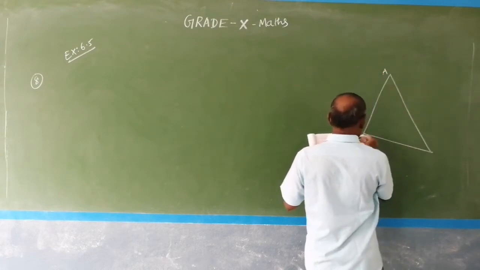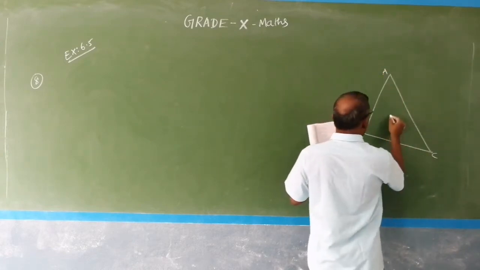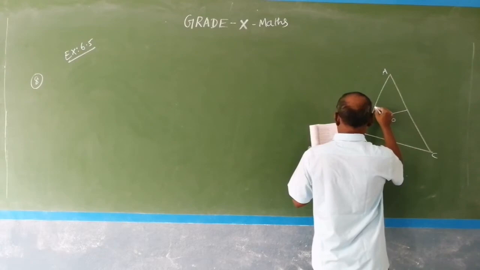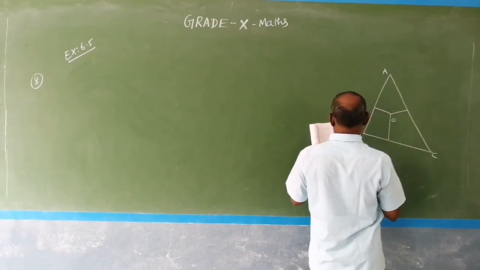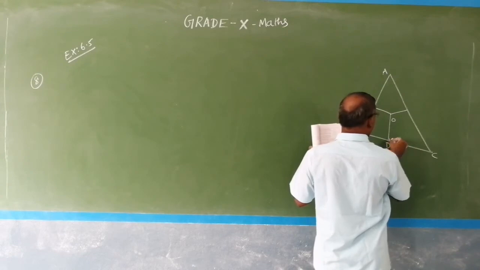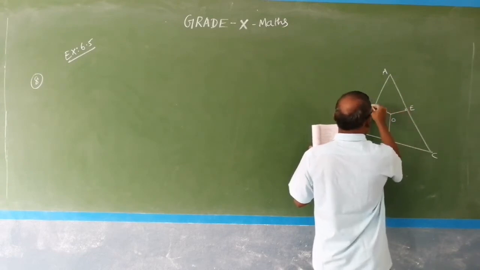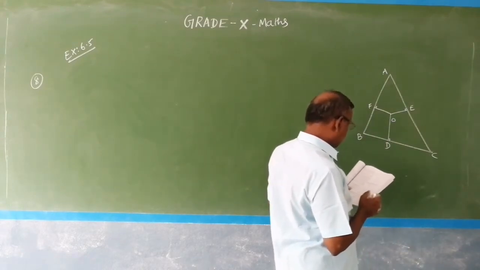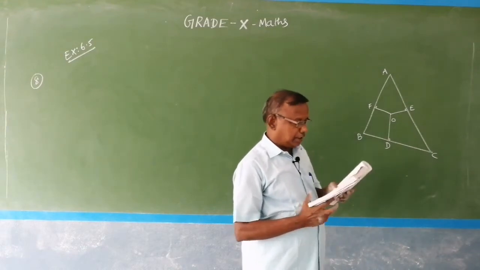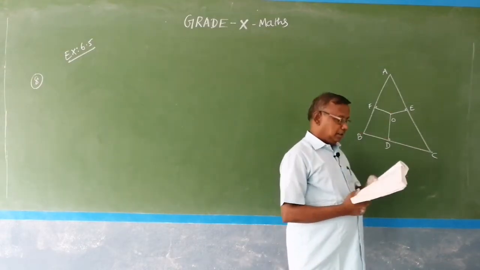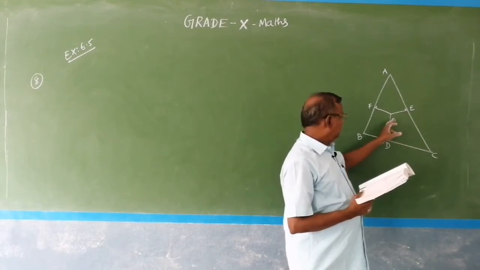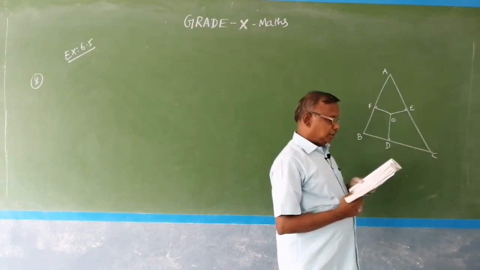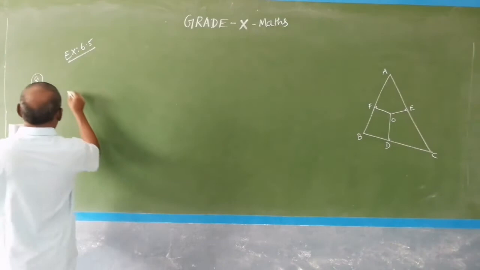Triangle ABC, in which a point O is such that three perpendiculars D, E and F are drawn from O. In the diagram 6.54, O is a point in the interior of triangle ABC, OD perpendicular to BC, OE perpendicular to AC and OF perpendicular to AB. Show that, we have to prove the first one.